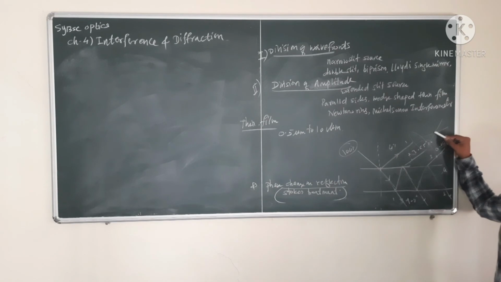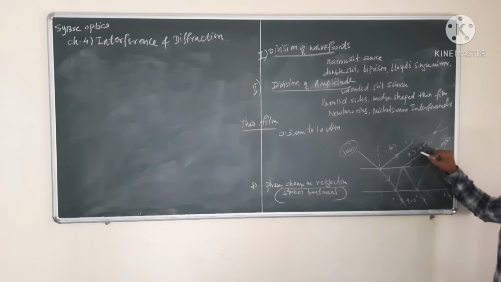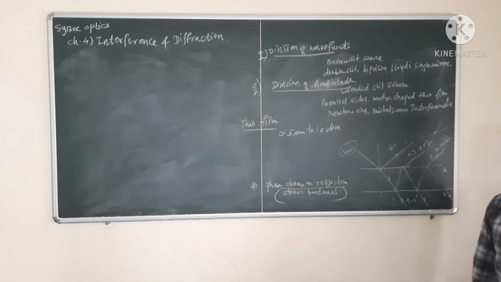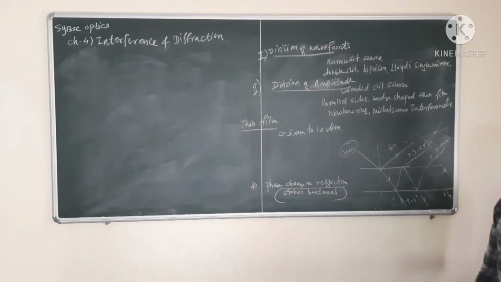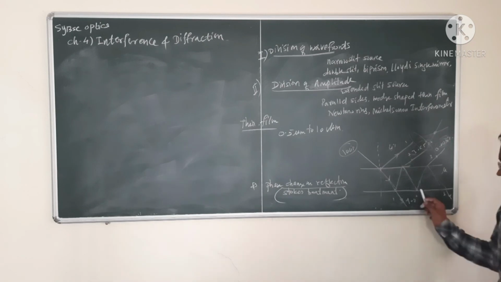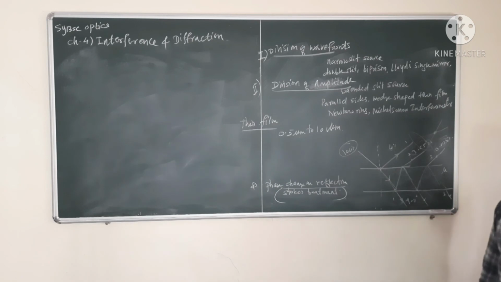These 2 light rays have comparable intensity, that's why we can get interference here. If you take this light ray whose intensity is very low, almost 0, it is not useful. Here also these 2 light rays have comparable intensity, that's why we can pick these 2 light rays.